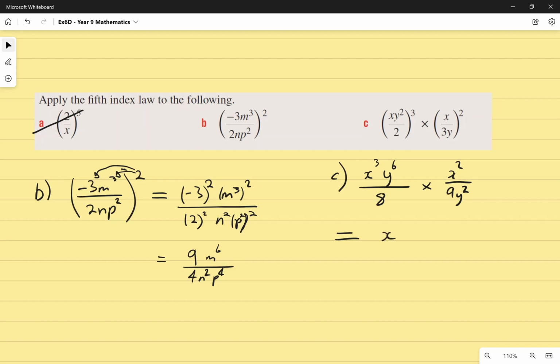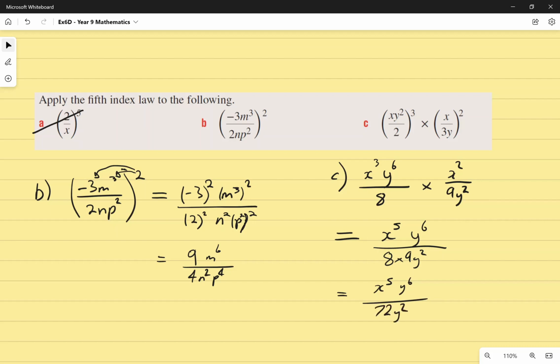So we get x to the power of 5, because that's 3 plus 2. And then we have y to the power of 6, because we don't have a y term in that numerator of that second fraction. And we put that on 8 times 9y squared, which is equal to x to the power of 5. And then that on y to the power of 6 on 72y squared.